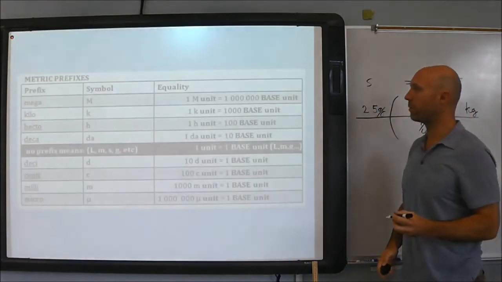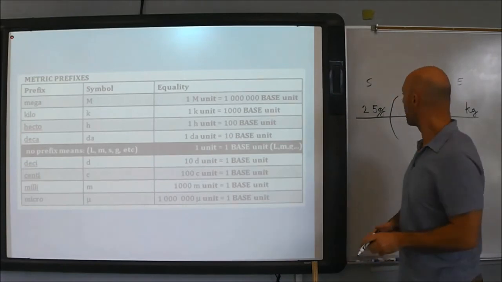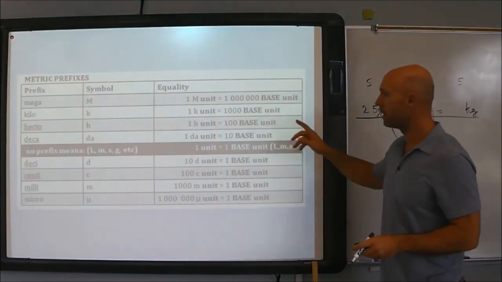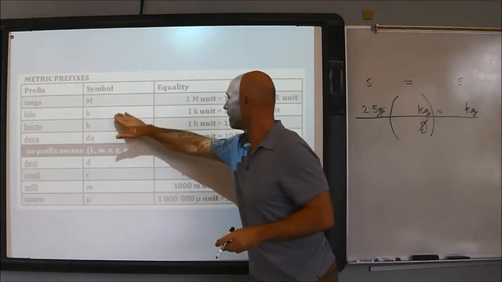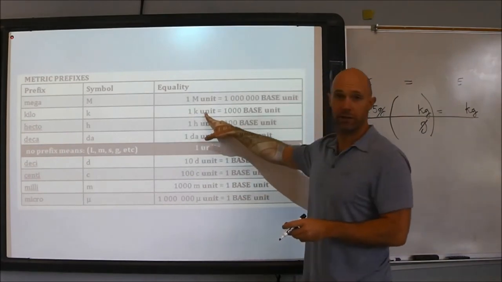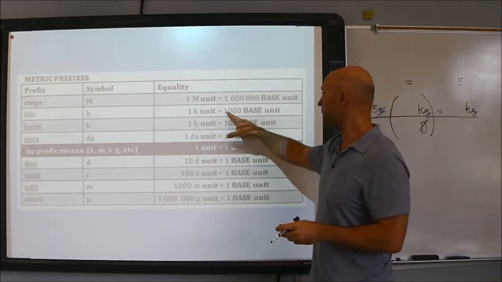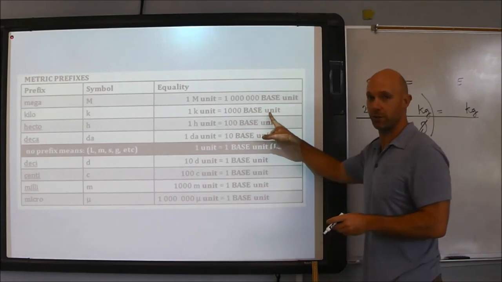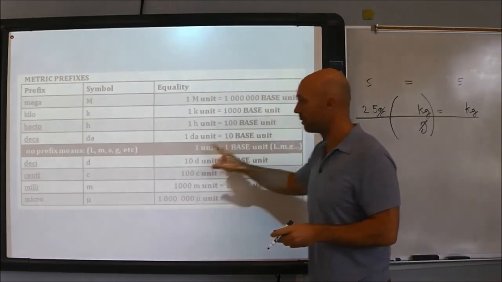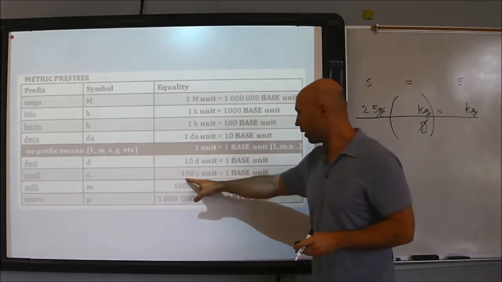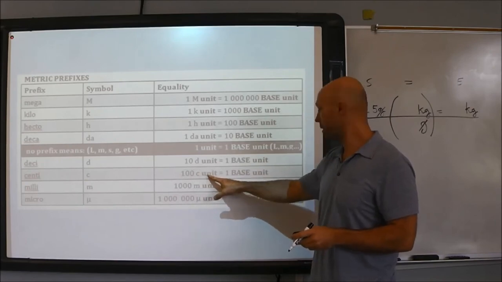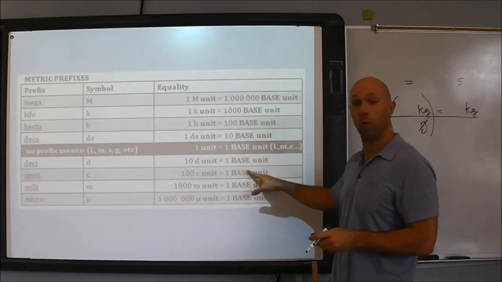And once again, we can refer to our blue sheet and we find, oh, okay, kilo, 1 kilo-unit, in this case 1 kilogram, would equal 1,000 of those base units. Just like earlier, centi, 100 centimeters equals one of our base units, 1 meter.